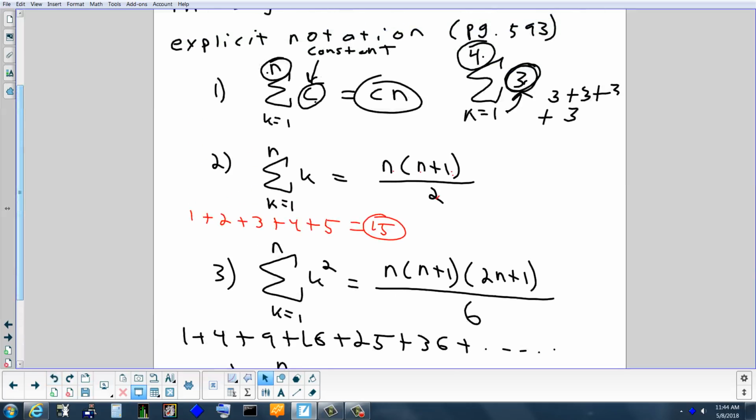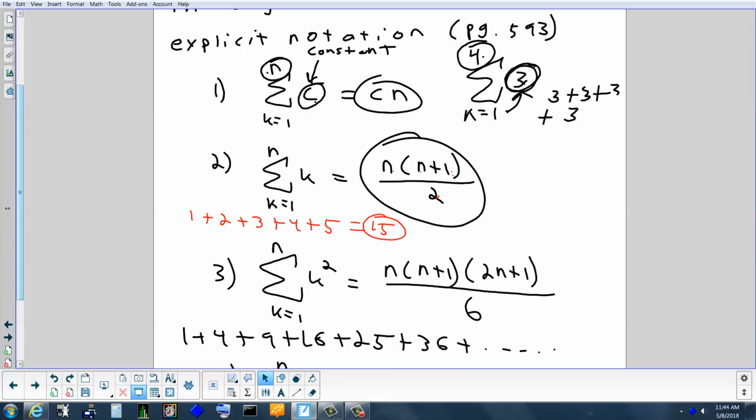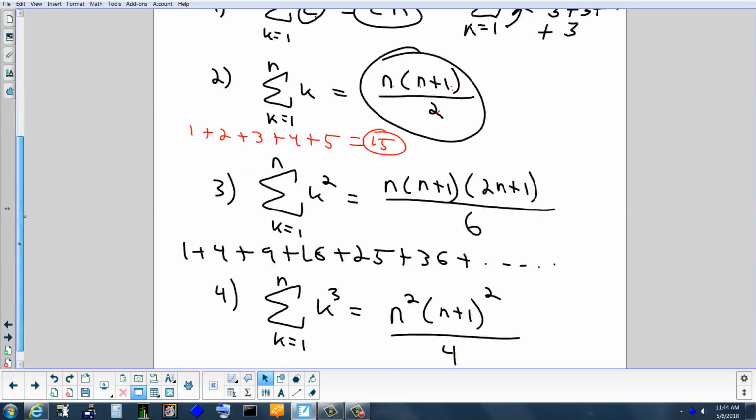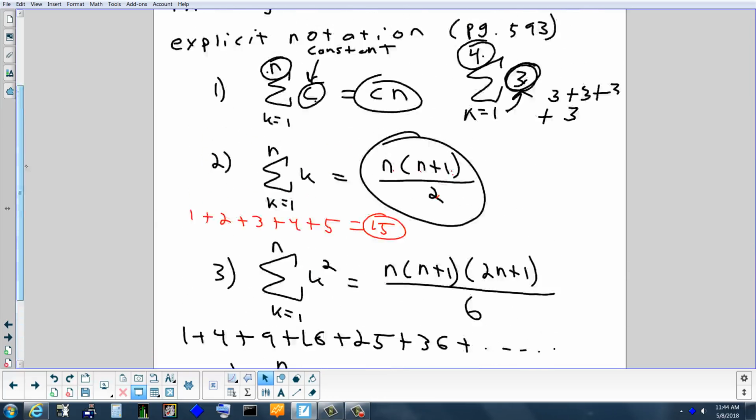That one's pretty easy. This one I do know how to figure out by hand, but beyond that, it gets kind of hard. I don't know how to figure that one out by hand. I would just have to look it up. And obviously anything after that is even harder. Okay. Any questions on those 3 formulas?